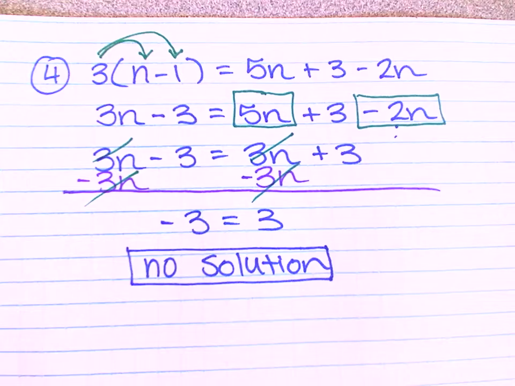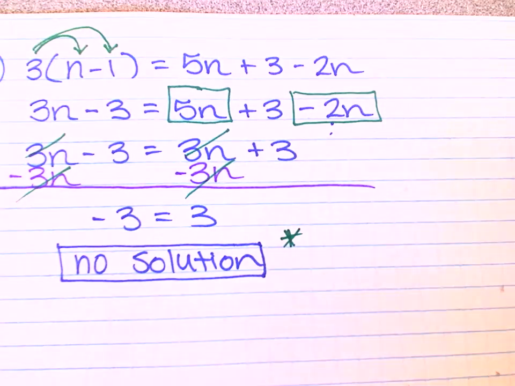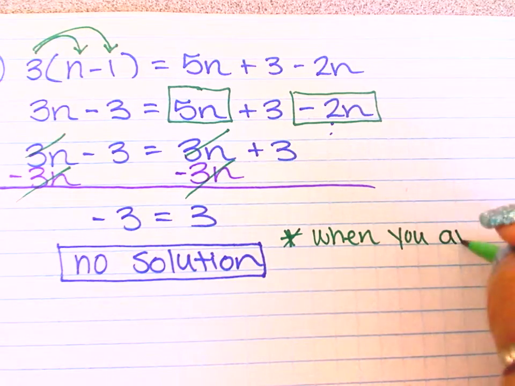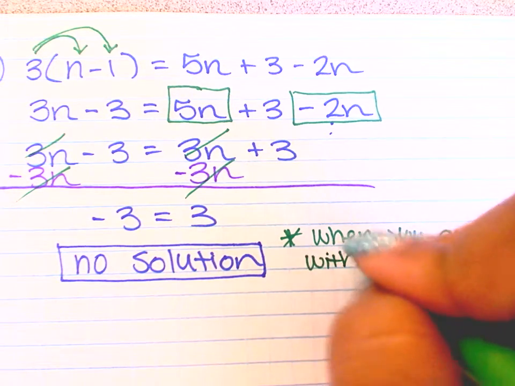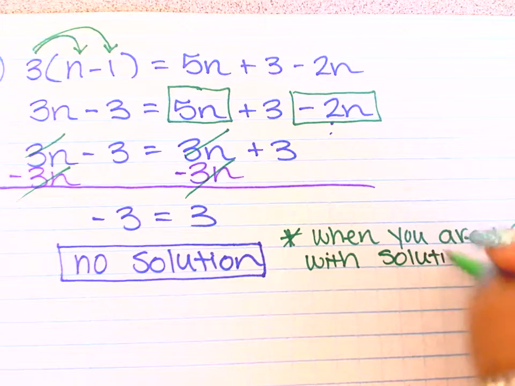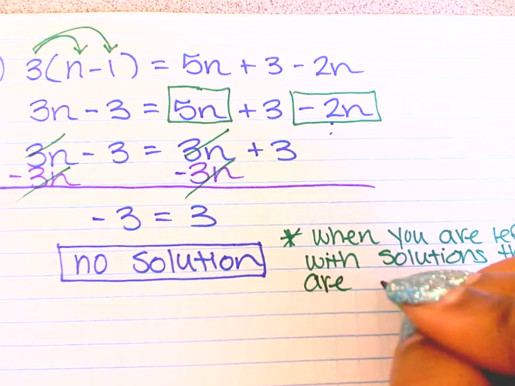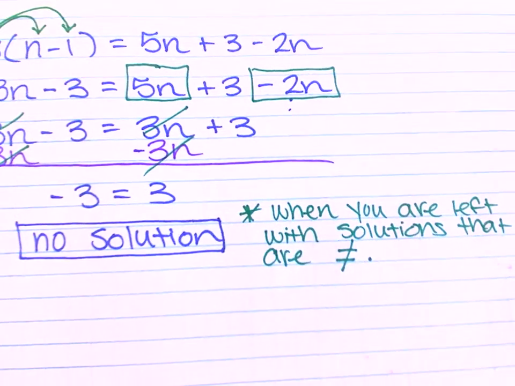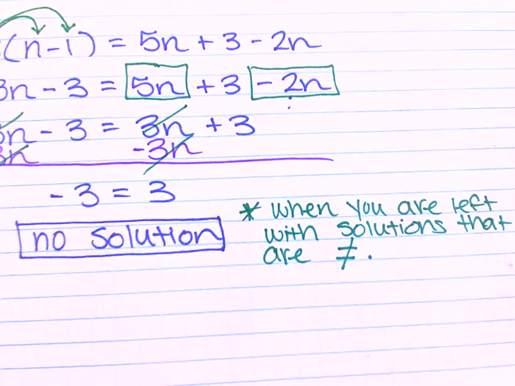So I'm going to make a note for myself on the side of my paper, a little star, asterisk: when you are left with solutions that are not equal to each other, so -3 is not equal to +3, your answer is going to be no solution.